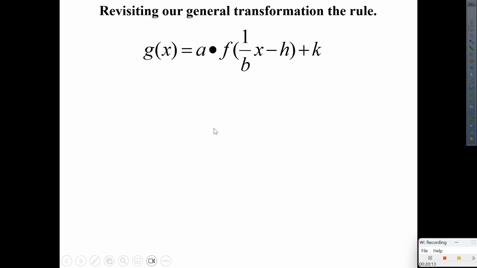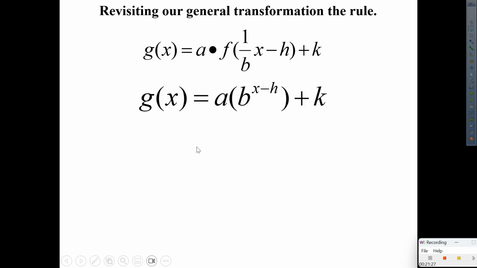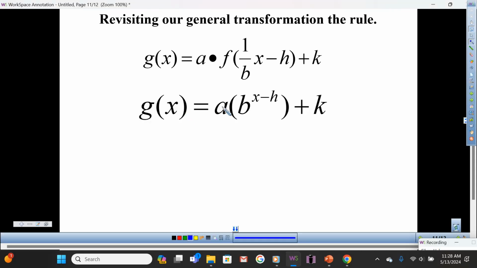All right. But now our new rule looks like this. Look up. Copy this new rule on your paper, please. This is our new rule for exponential functions. G of x equals a times b to the exponent of x minus h, plus k. And once again, k still moves it up and down. H still moves it side to side.